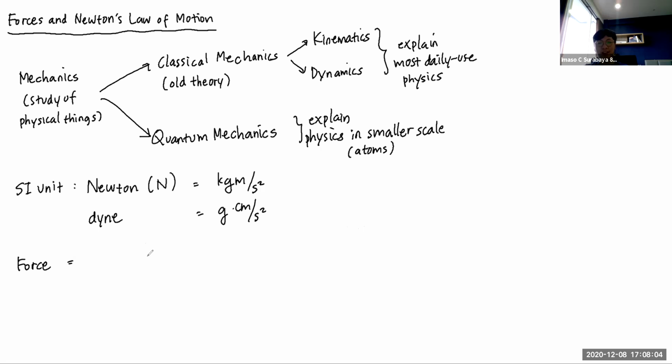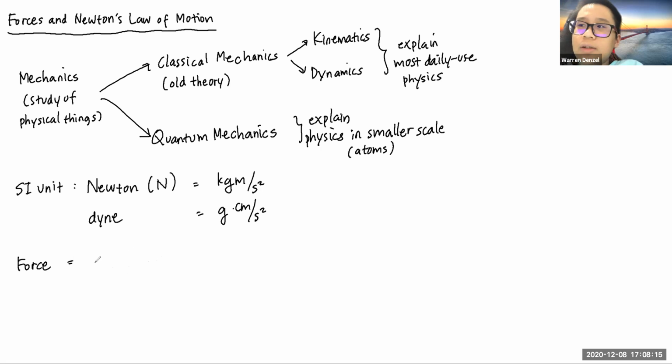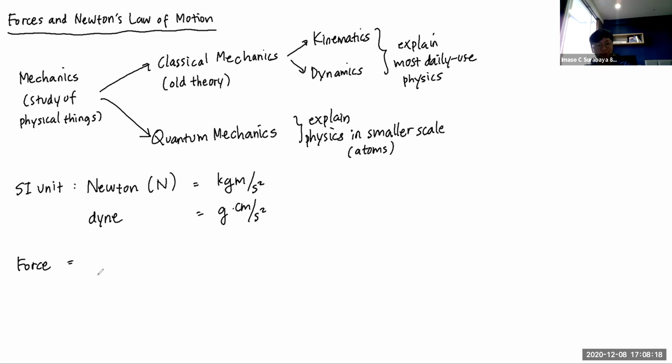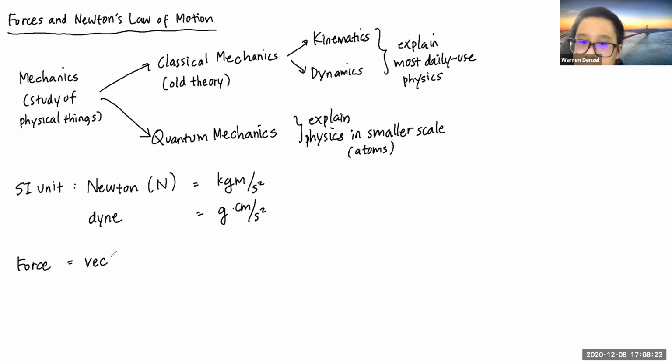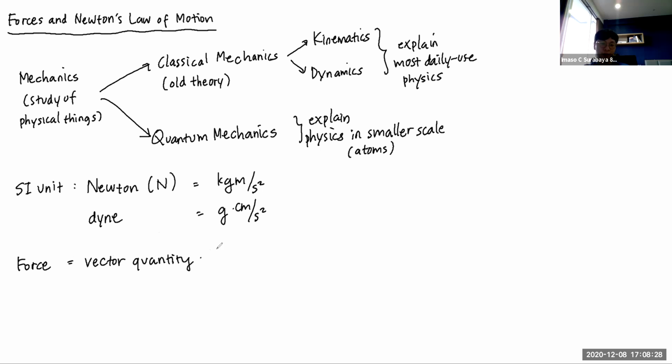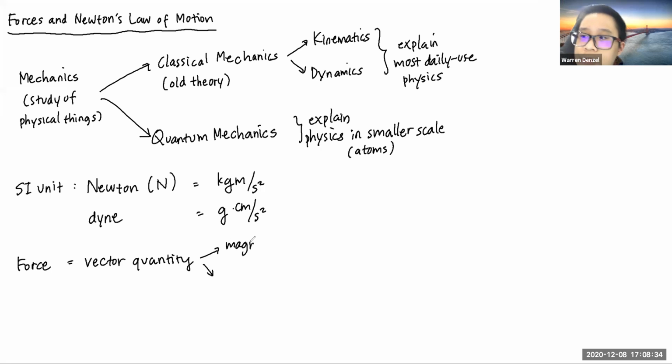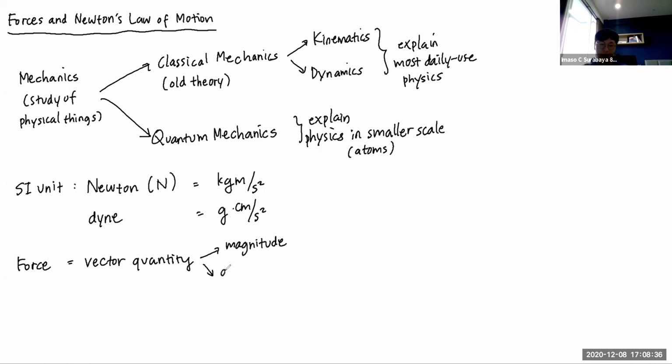So, force. Force is what kind of quantity? There are two kinds of quantities, right? Scalar and vector. What kind of quantity is force? Force is a vector quantity. A vector quantity means it has two components: magnitude and direction. In our case, we will just be talking about one dimension.